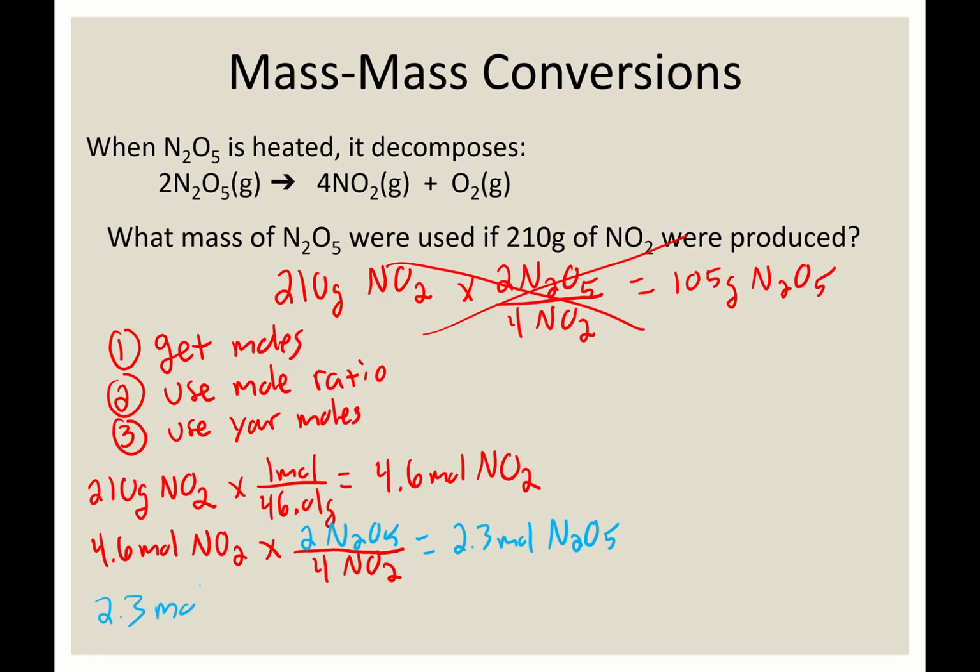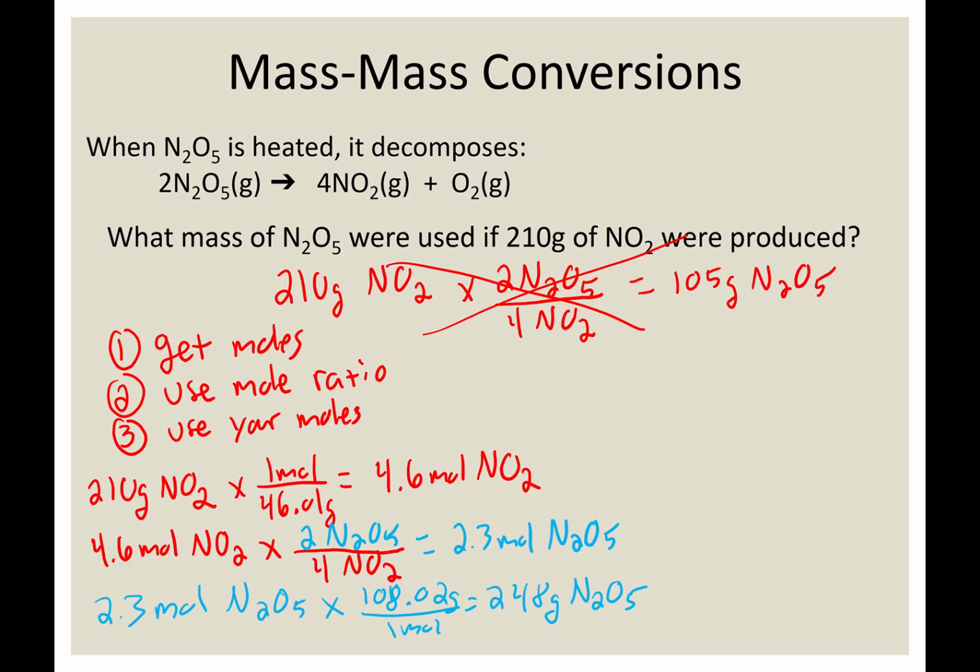So we're going to take our 2.3 moles of N2O5, convert it into mass by multiplying with the molar mass of 108.02 grams per mole. And that gives us a mass of 248 grams of N2O5.